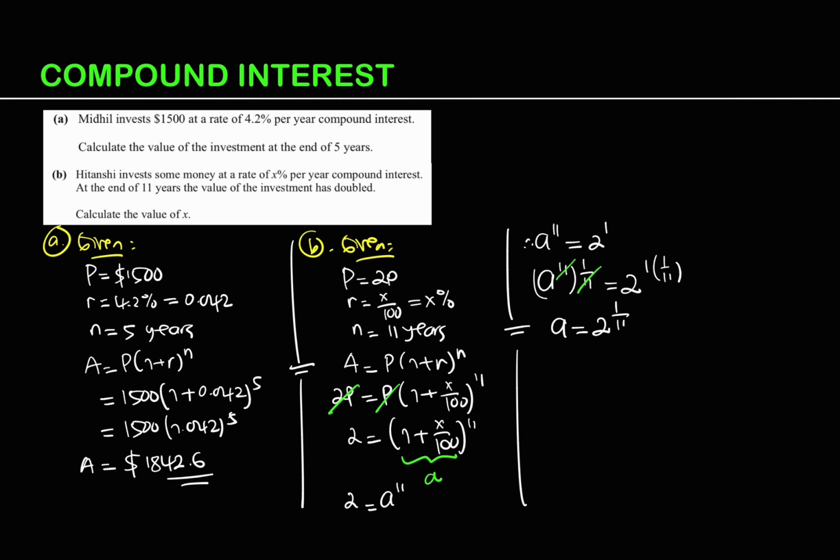Now we change again the value of A into 1 plus X out of 100 equals 2 to the power of 1 out of 11.